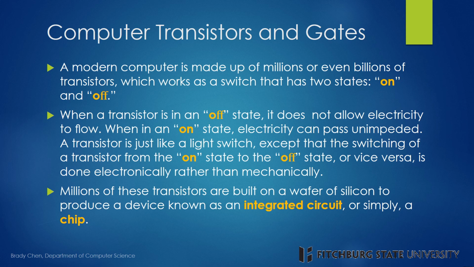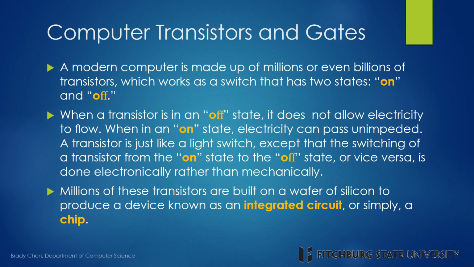Each transistor works as a switch that has two states, on and off. When a transistor is in the off state, it does not allow electricity to flow. When the transistor is in the on state, electricity can pass through.